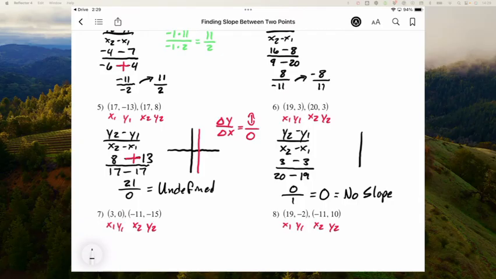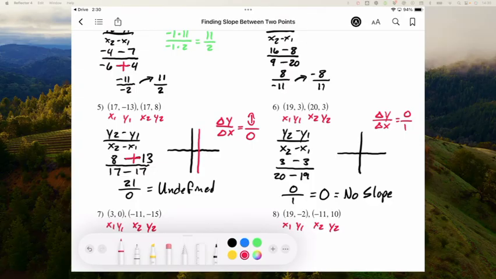And so if we were to graph this thing, we can see that if we consider, again, the change in y over the change in x, the change in y is 0, and the change in x is 1. And so what that is saying when we graph it is don't go up or down at all, but go to the right one.